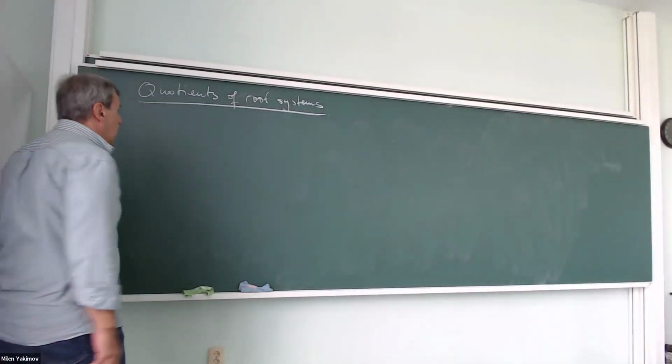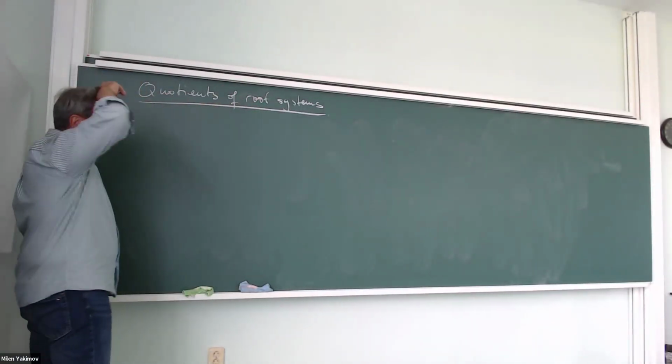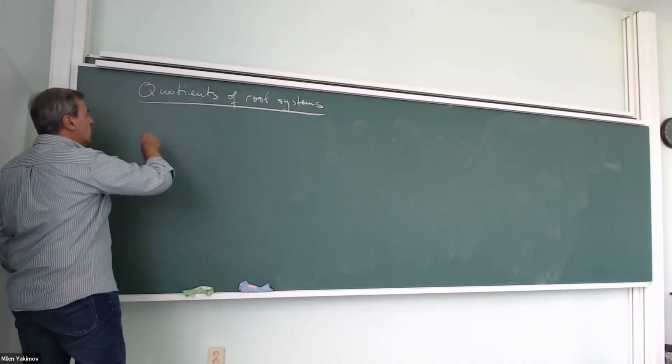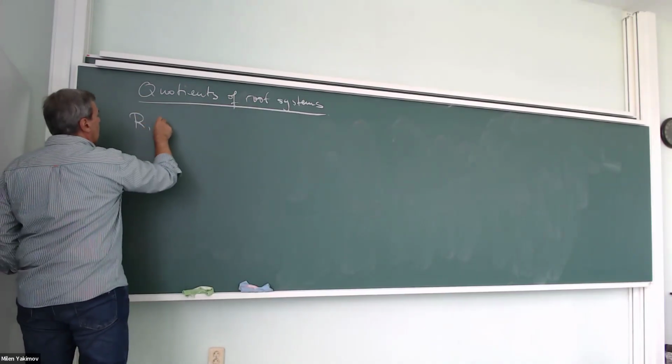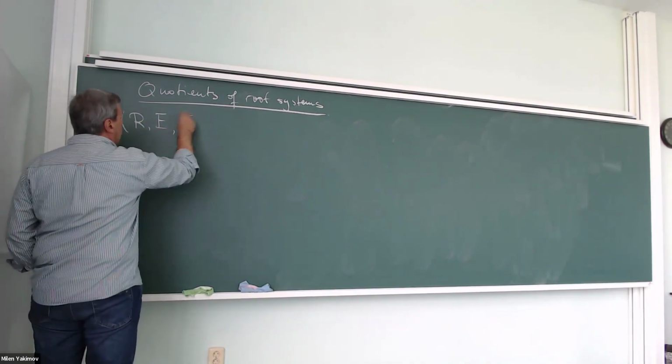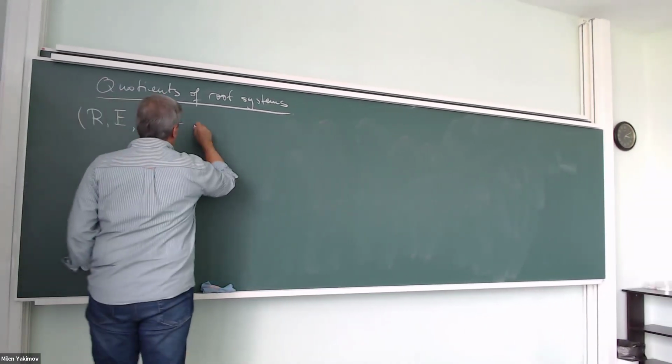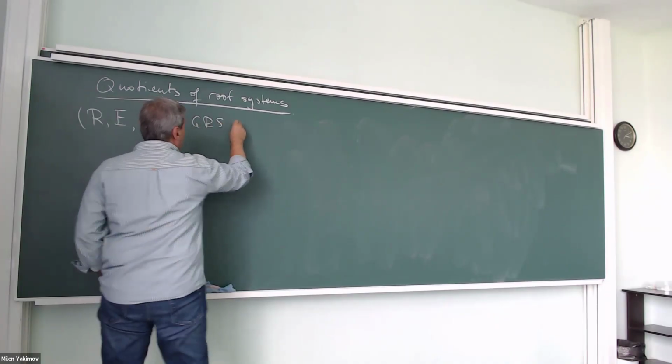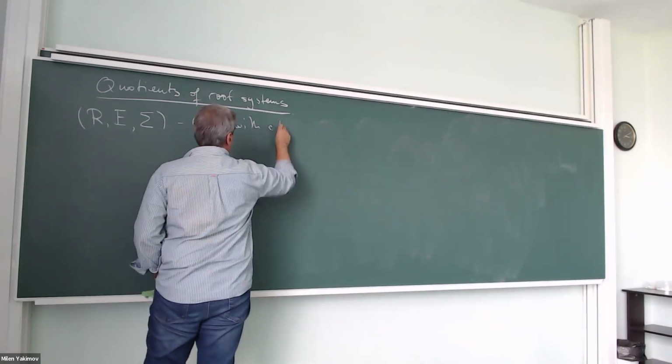On Monday, I introduced the notion of the quotient of a generalized root system. R in Euclidean space E with the base sigma is a generalized root system with the base.